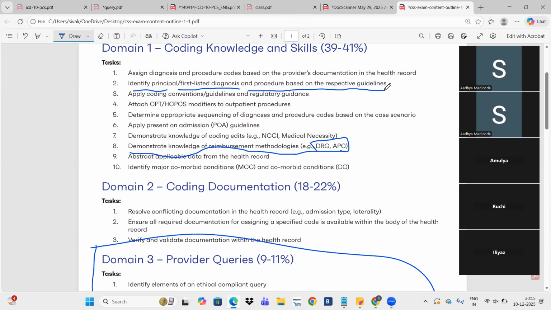While ICD coding in the exam, we need to follow the sequencing. If you code all the diagnoses, it is not perfect. You need to arrange them in sequence and identify the principal or first listed diagnosis.